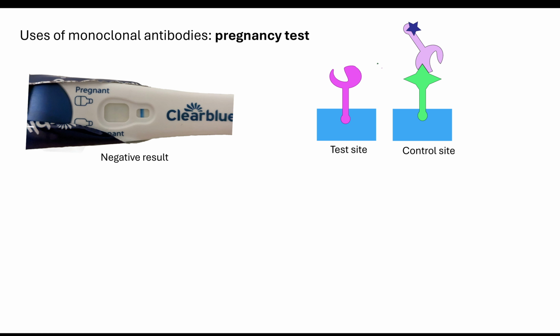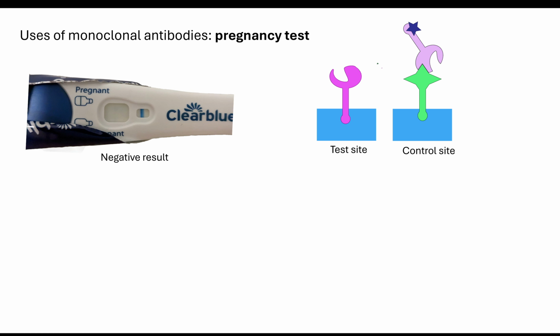So when you dip the pregnancy test into the urine sample, those free monoclonal antibodies will bind to any substances in the urine sample if they are complementary. With the pregnancy test, we're looking for HCG, the hormone which is produced to indicate that the woman is pregnant. This is a hormone that the body is producing to maintain the ovary until the placenta is ready to take over in the growth of the fetus.